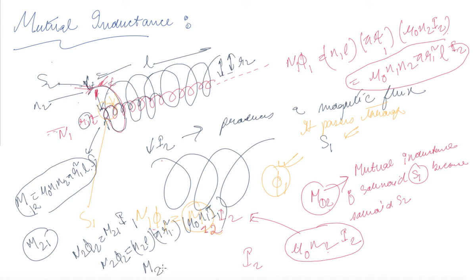So if you look at M21, you will find it is mu naught N1 N2 pi R1 squared into L. So in a way, we can now come to the conclusion that the mutual inductance M12 is the same as the mutual inductance M21, and this is a very important relation that we can derive and understand.